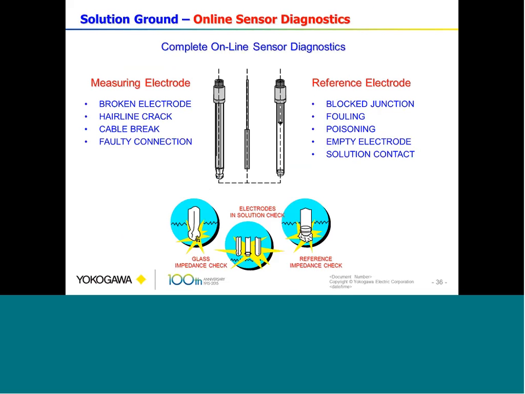In addition, we get some great diagnostics. We can tell if there's a cracked or broken electrode that reads 7 pH. Now if it cracks, you get a signal that that's happened. You can see the buildup on the reference junction, so that you know, well, I need to come out and clean it because it's changed in the last 2 or 3 hours.